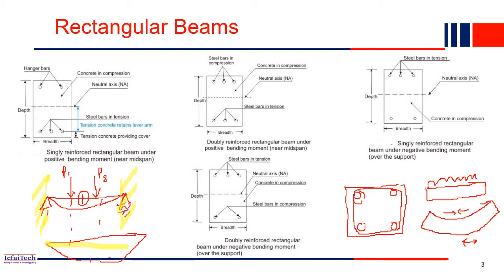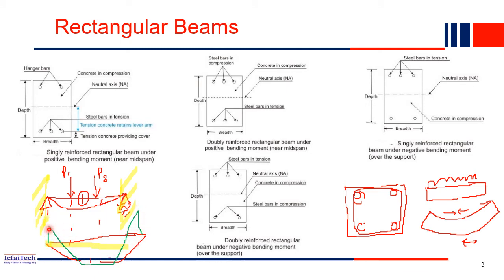So let me take another color. If it is a fixed end, then the diagram will be something like that. So you will find negative bending moment, something like that. This green color line you will find if both ends are fixed. This green line is the bending moment diagram.